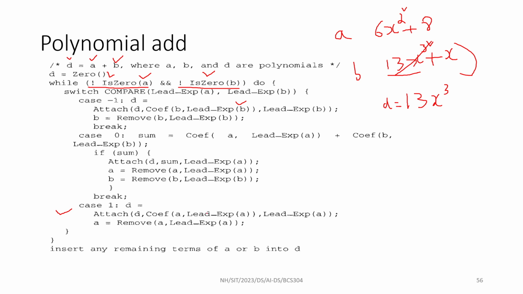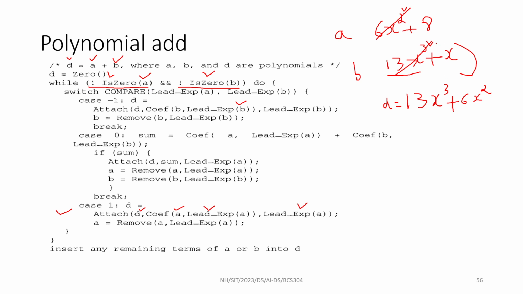Extract the leading term: its coefficient part, and the leading term itself, that is 2. Attach that to D. After attaching, the answer will be 6x square. Now this no longer needs to be considered, remove the term.